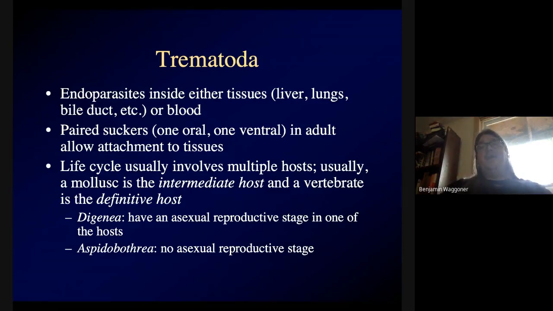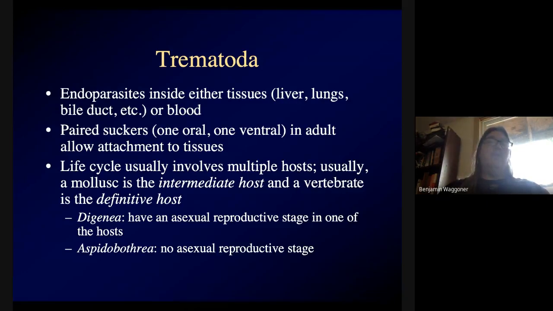Eggs will pass out of the definitive host body, and typically they'll get washed into water or they'll fall into some kind of moist habitat, and the larvae will burrow into a snail. Or occasionally it's a clam, but snails seem to be the most common. And they'll go through several stages within the snail. So the snail is what we call the intermediate host.